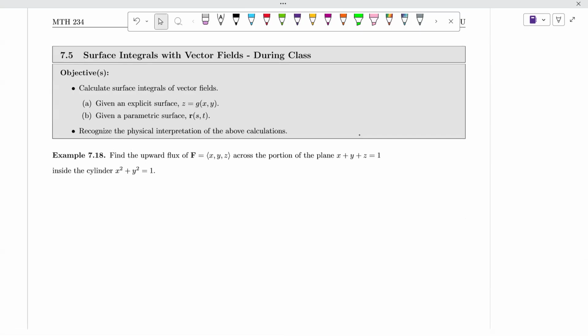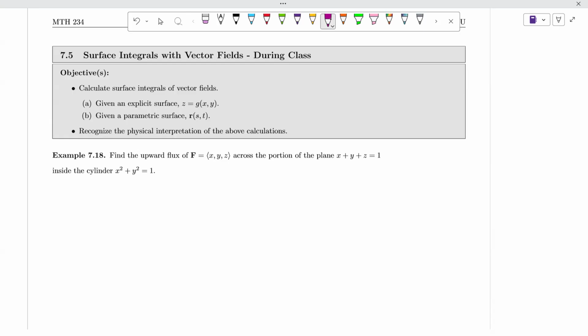All right, find the upward flux across the portion of the plane x plus y plus z equals 1, and inside the cylinder x squared plus y squared equals 1. So again, the first thing that you should do is identify your surface on each one of these problems. There's going to be several equations in all of them, and identifying the surface is the most important first step.